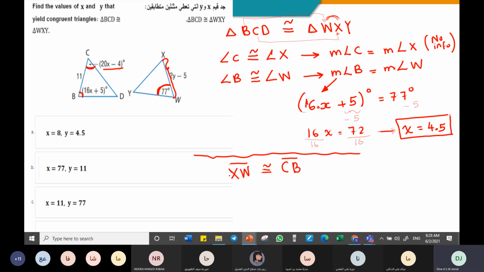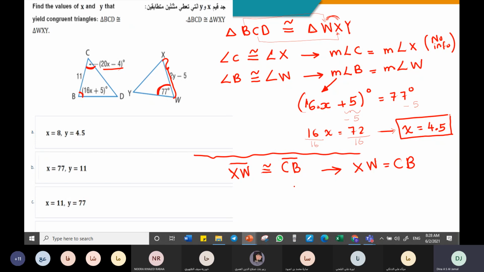Since they are congruent, that means they are having, as we said before, the same measure. So XW will be equal to CB. Good, ladies? So now, what is my XW?